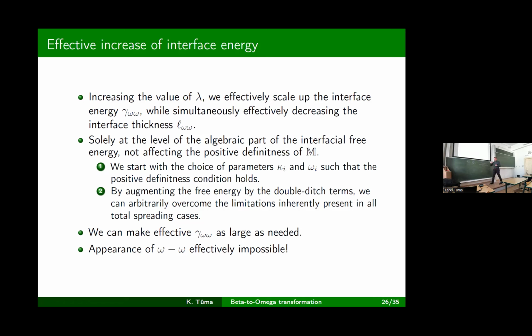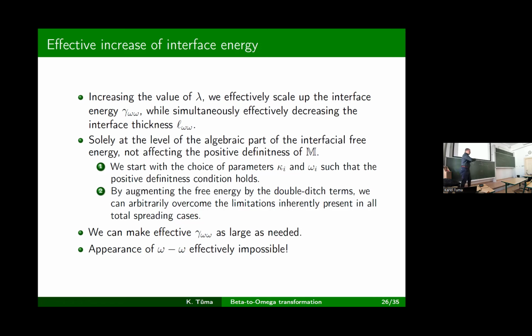And then we add the double ditch there with some positive lambda parameter, and we increase it such that there will be a big enough hill which will prevent the appearance of direct interface between some variants of omega. And effectively, the gamma omega omega can be as large as possible.